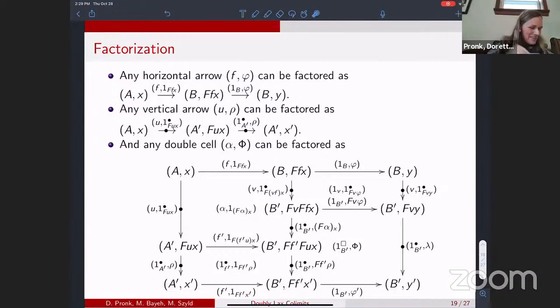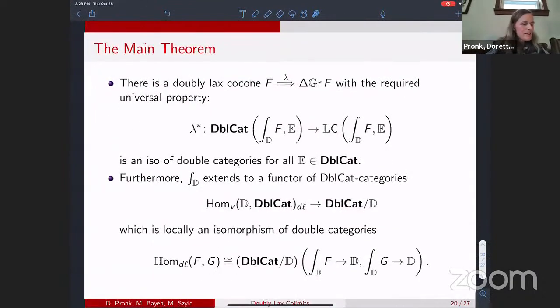There's too many times the word vertical here. But we have the same kind of factorization on the arrows, but also a nice factorization on the double cells, which helps to show that this is indeed going to be the colimit, because once you start writing out your correspondence, you need that.